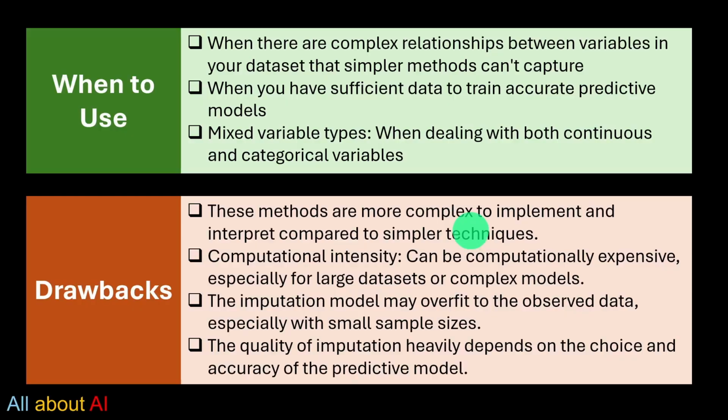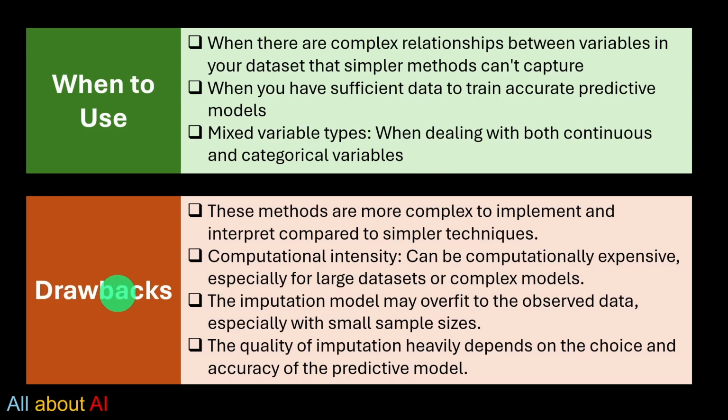Since these are complex methods, they are only used when we know there is a complex relationship between variables in our dataset, and normal imputation may not capture the essence of this relationship. This may also be useful when you have sufficient data to train accurate predictive models. This can also be used for mixed variable types, when dealing with both continuous and categorical variables.